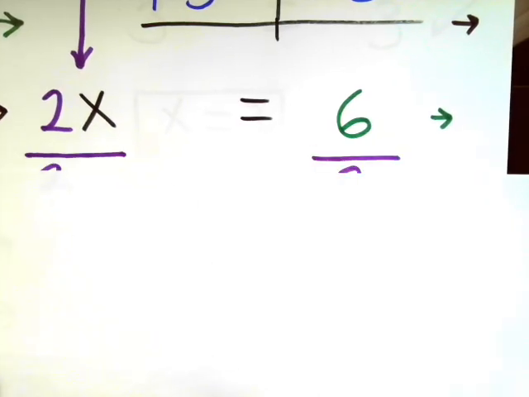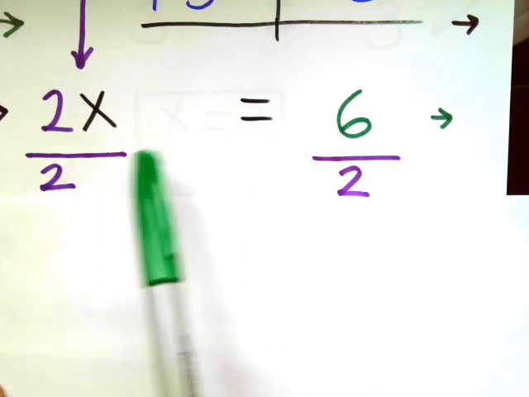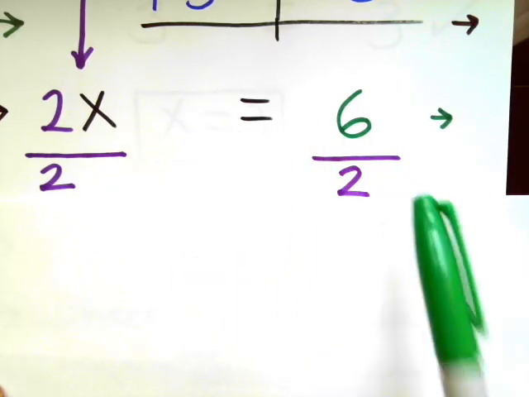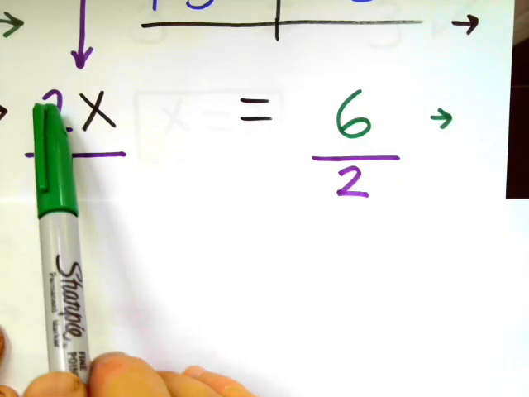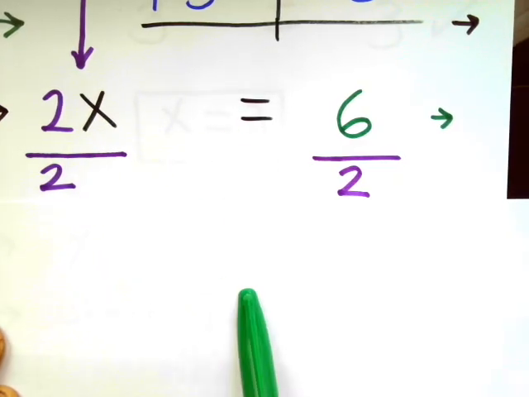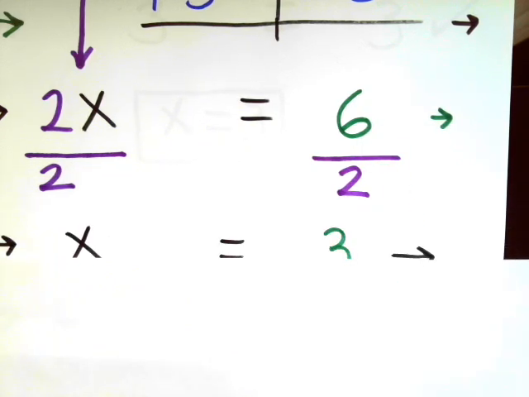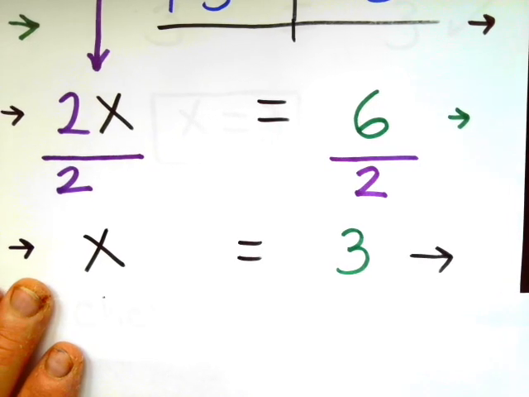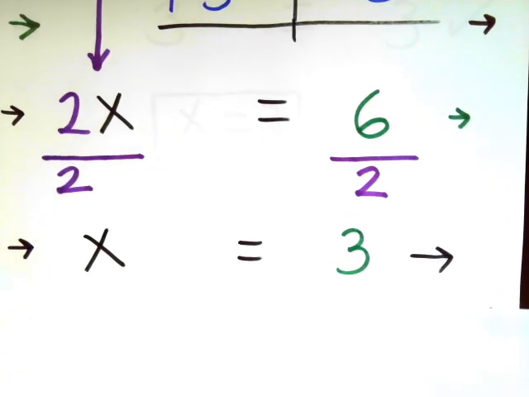The inverse or the opposite is to divide. But what I do to one side of the equal sign, I got to balance my equation and do to the other side of the equal sign. 2 divided by 2 leaves me with 1x equals what's 6 divided by 2? 6 divided by 2 is 3.